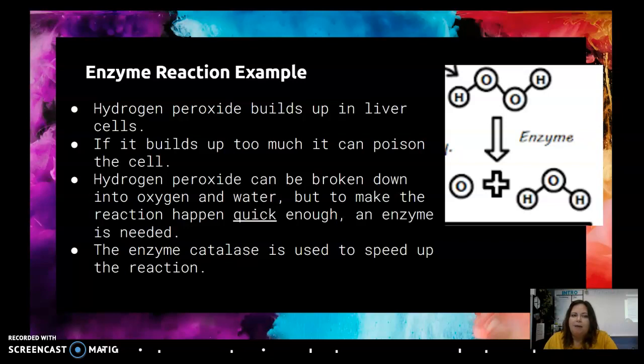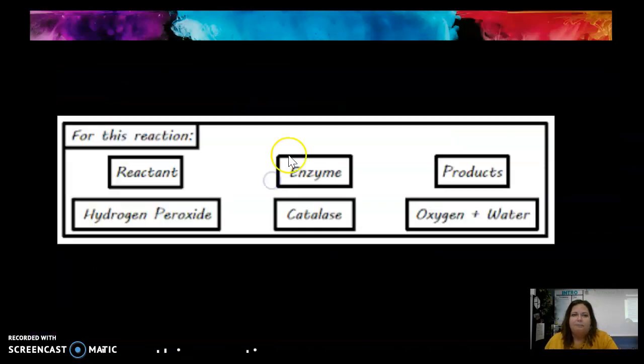So what ends up happening is that hydrogen peroxide is actually broken down into oxygen and water, both normal things that our body uses regularly. But in order to make that reaction happen and happen quick enough, we need an enzyme, okay? The enzyme that we need is called catalase, and that is what speeds up this reaction.